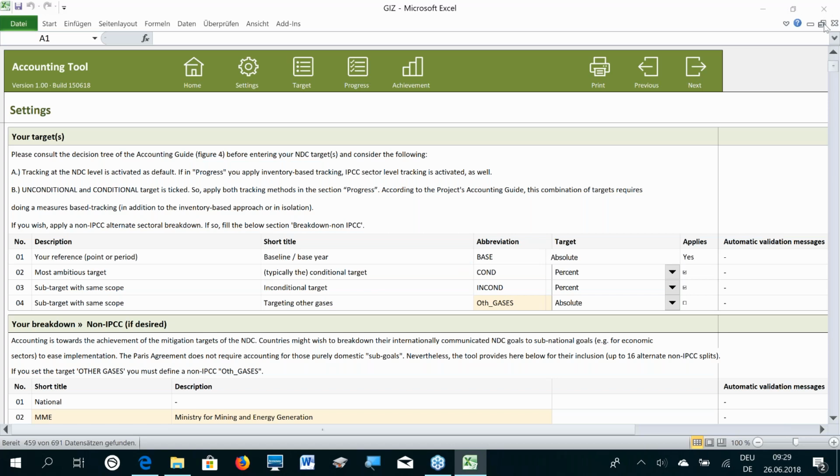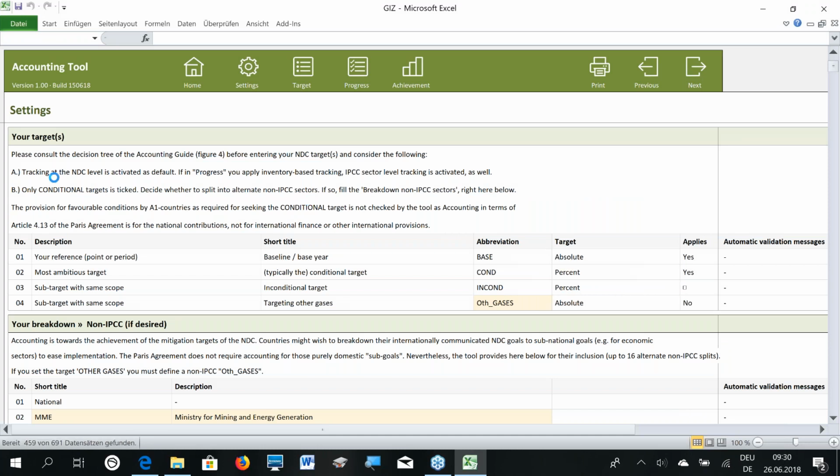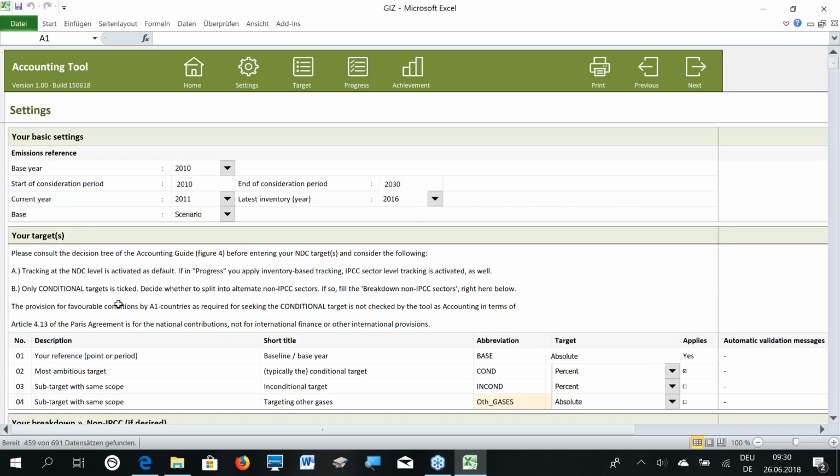And yeah, so let me just show you. If I unclick here, for example, this unconditional target, you see that the text adapts here.